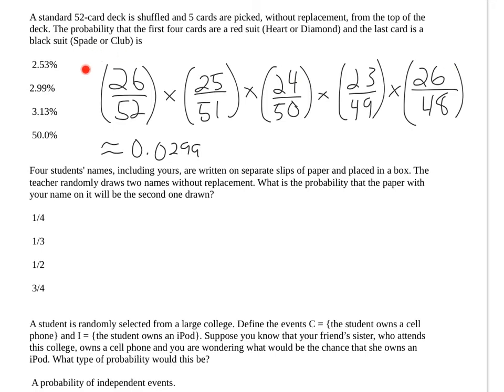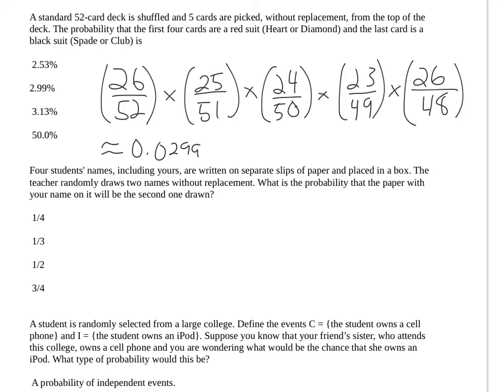So drawing a red card out of a 52 card deck is independent of drawing a red card out of a 51 card deck, and so on. Okay? So that's important to note. They are independent, and that's why you can multiply them.